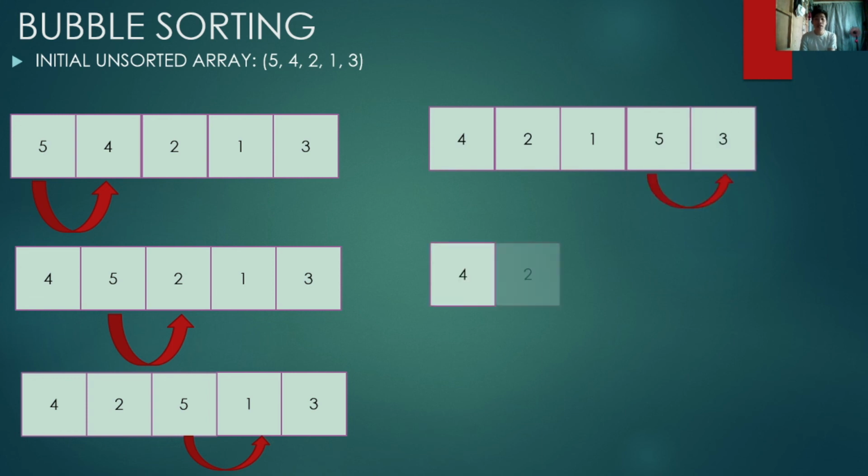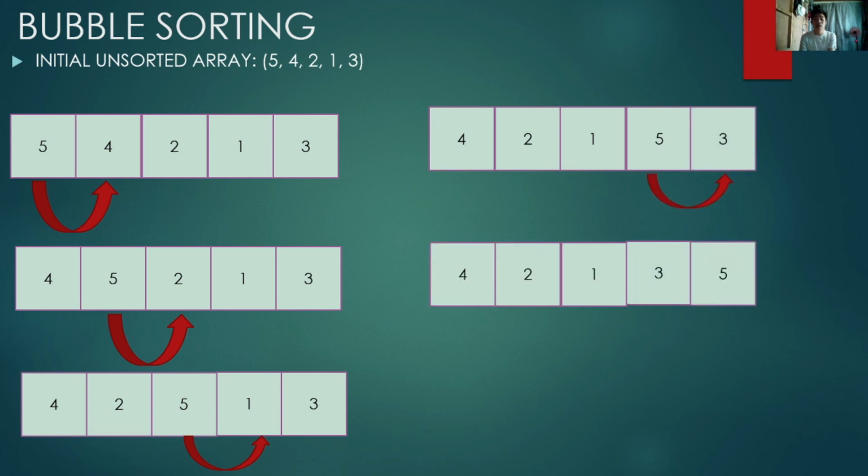And lastly, 5 is greater than 3, so we swap it as well. So basically, we have not yet sorted it into increasing order, but the first element's position is now correct. This is where our first pass stops. So basically, this would be the state of the array after our first pass.